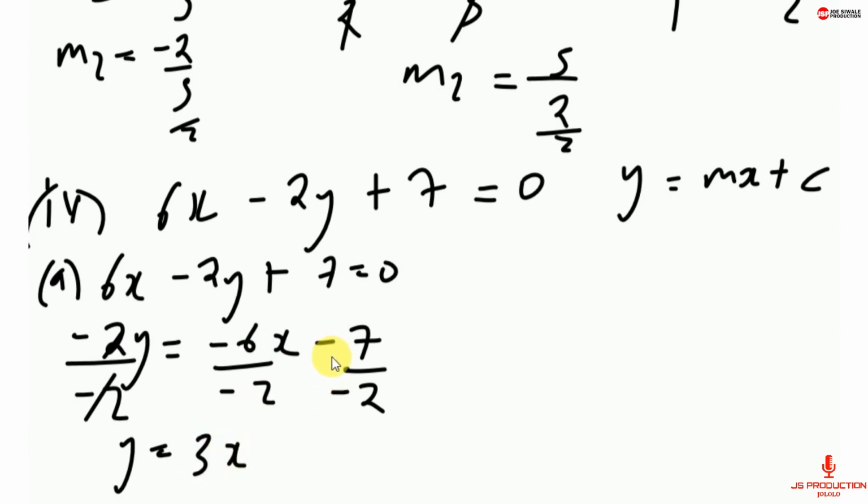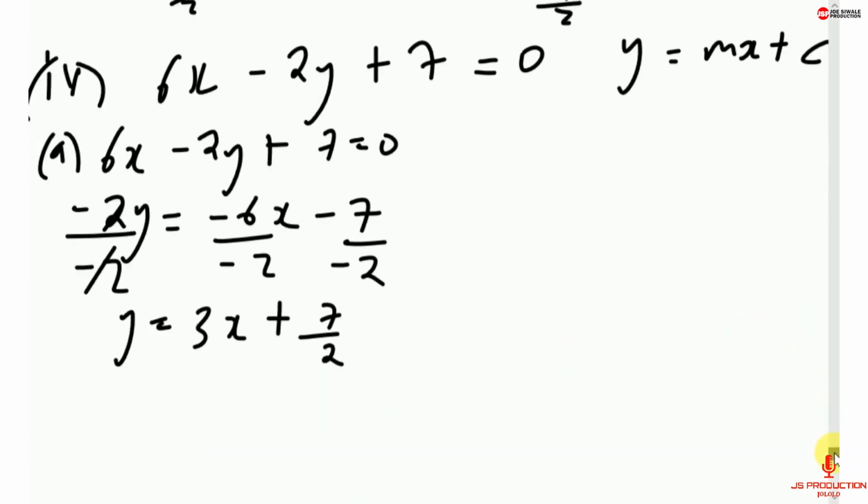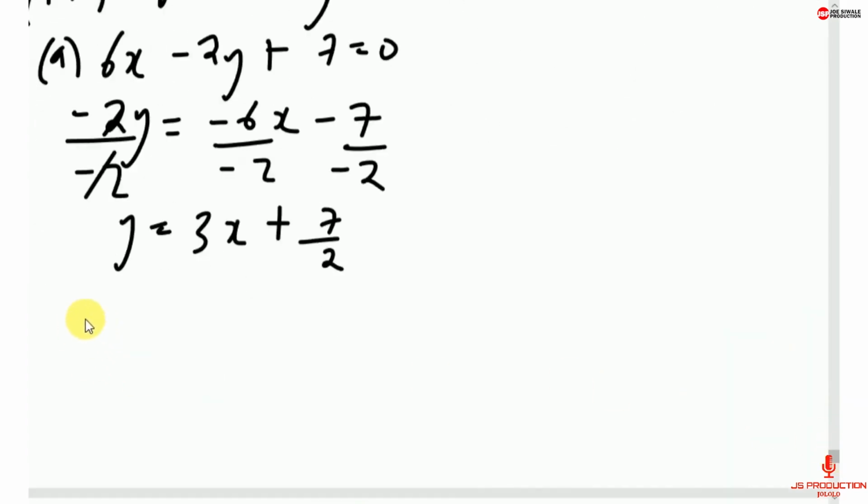Then negative divided by negative, we're going to have positive 7 divided by 2. So the gradient, our gradient 1, is equal to 3. That means the gradient of a parallel line, which is m2, will be equal to 3.